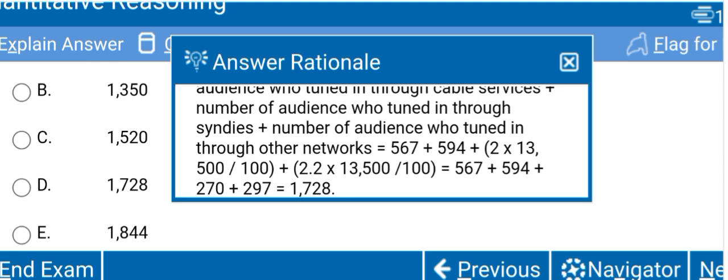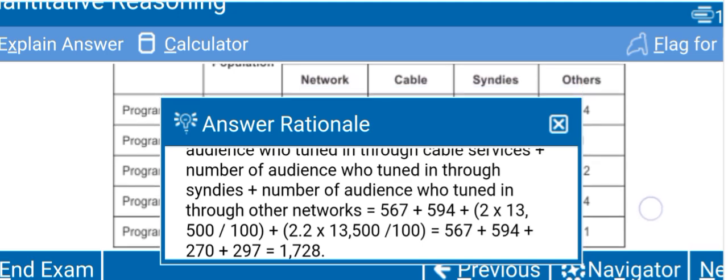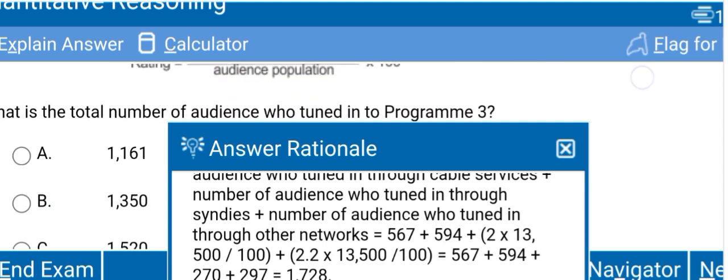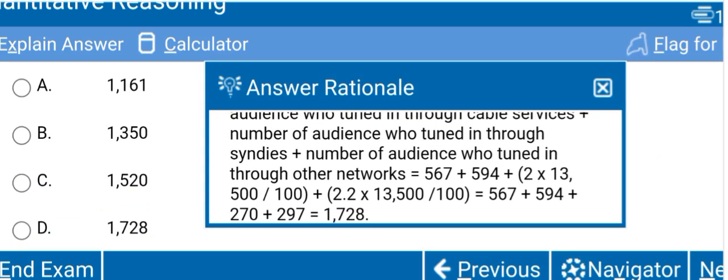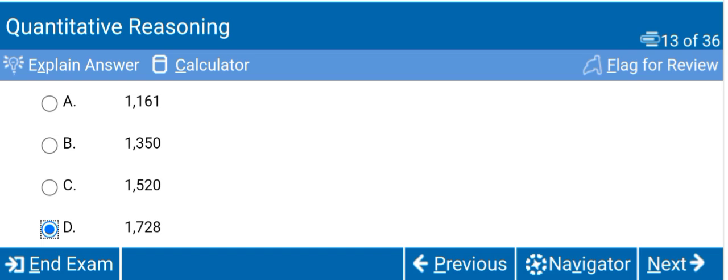So if we look at the values of these 4 statements, then we can calculate it from this one, which is 567 plus 594 plus 2 into 13,500 divided by 100 plus 2.2 multiplied by 13,500 divided by 100 equals 567 plus 594 plus 270 plus 297 equals 1728. So that's why we have a correct option is option D.